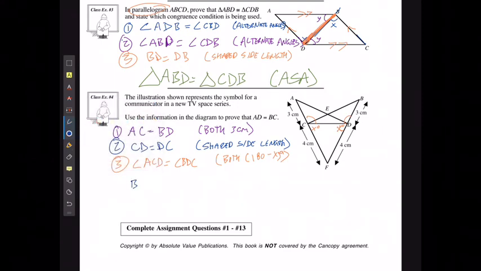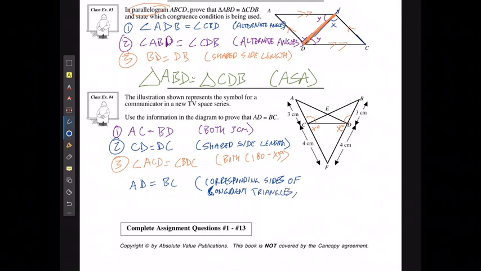I also know that AD is going to equal BC because they are corresponding sides of congruent triangles using the side angle side rule.